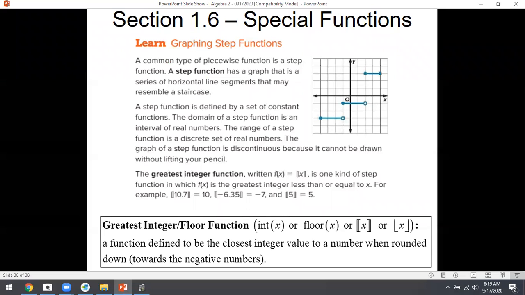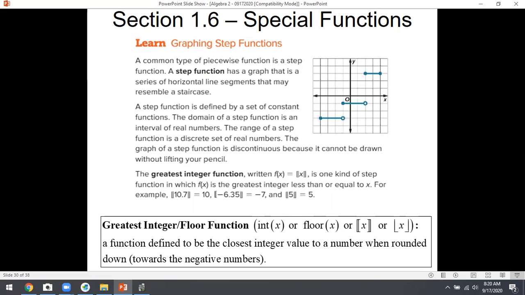We'll do some basic examples. So just round down.